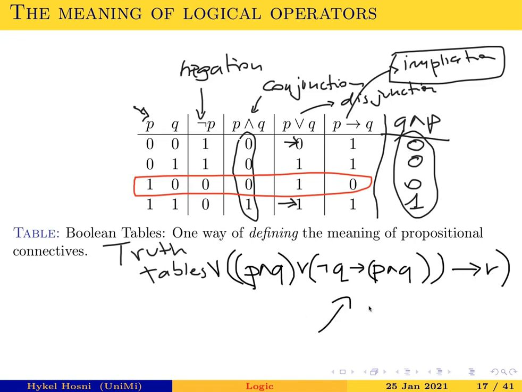This remains unknown. And that is telling you that to know the truth value of a complex sentence, you have to have as input the truth value of its components. So to know the truth value of P implies Q, you have to know P and you have to know Q. Because if you don't know one of them, then your answer is not determined uniquely.